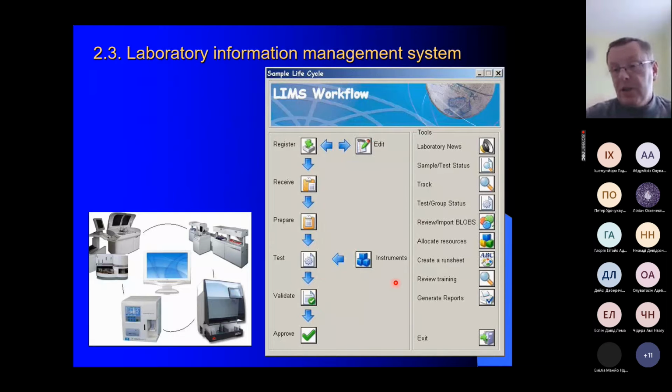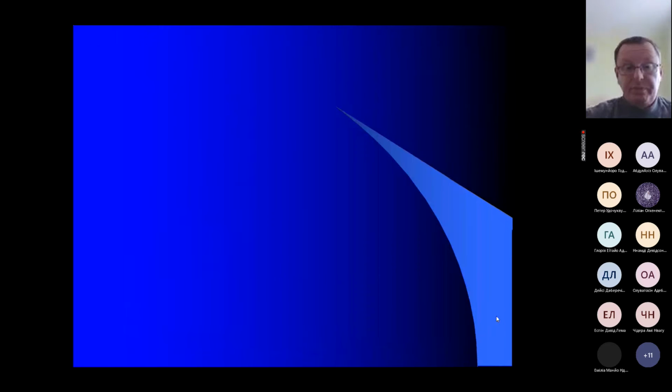Again, major features: its interface with instruments, its ability to retrieve results, to perform acquisition of measurement results immediately into the system, and provide various validation, analysis, and so on. So here is exactly that step. Passing through test and interface with instruments.